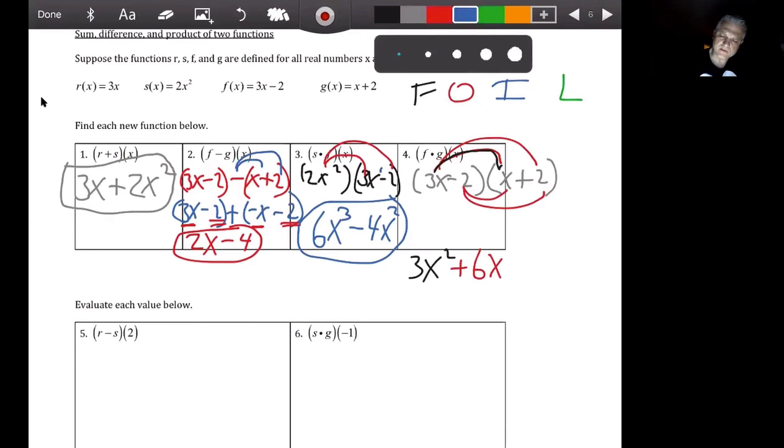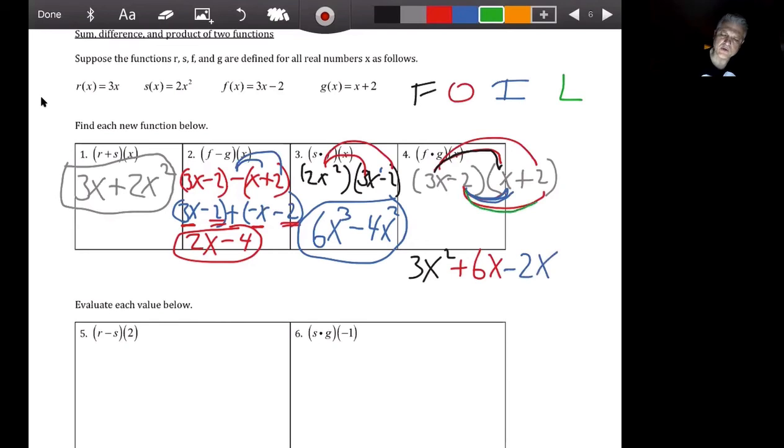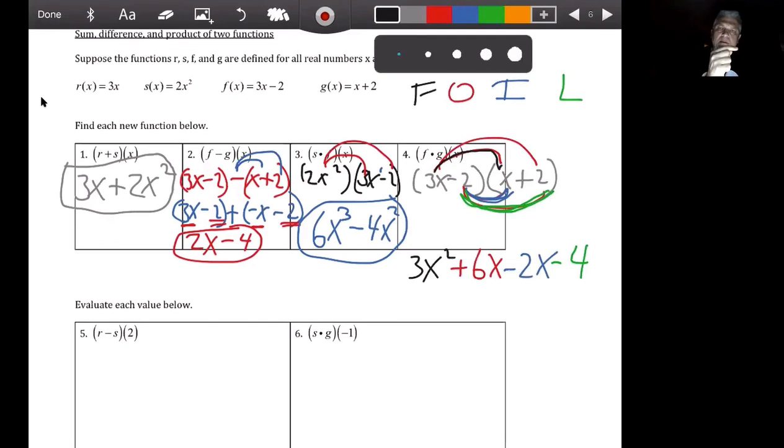For the inner, the minus 2 times x. That's minus 2x. Then the last, the minus 2 times the plus 2. That would be minus 4. Now, if you remember, back when we did the foiling, we had to look to see if there were any like terms.